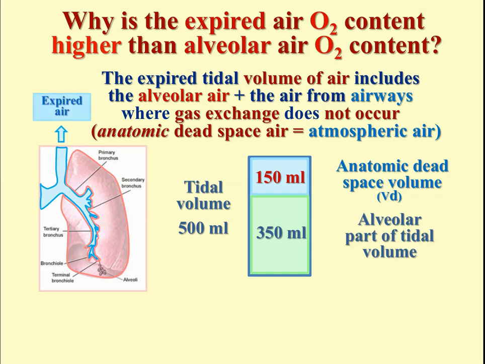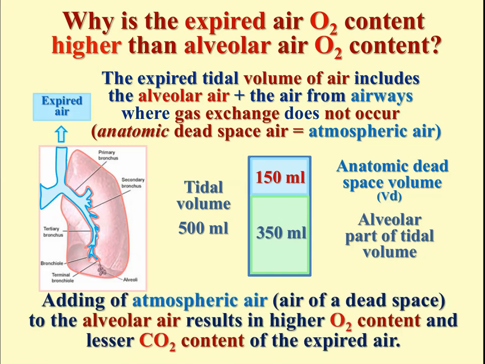And so, as a result, the expired air is, approximately, for this given value, 30% of the tidal volume, the air which had no any changes, atmospheric air. And so addition of this atmospheric air to the alveolar air makes content of oxygen higher and CO2 content less. And it's easy if you consider this, but at first it can be unexpected.